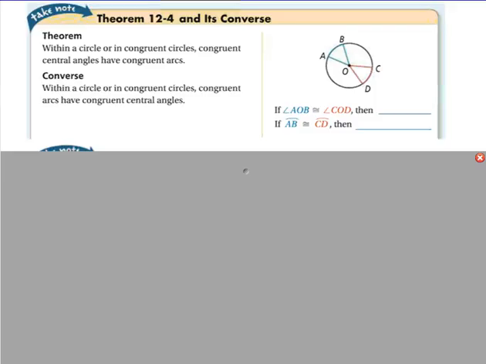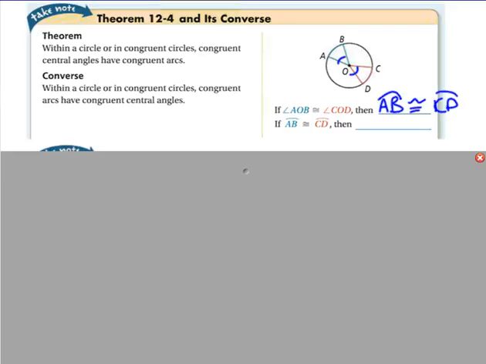So for instance, on the circle to the right, the congruent central angles would be AOB and COD. So if angle AOB is congruent to angle COD, then their arcs are congruent, the ones that go with it. So then arc AB is congruent to arc CD.